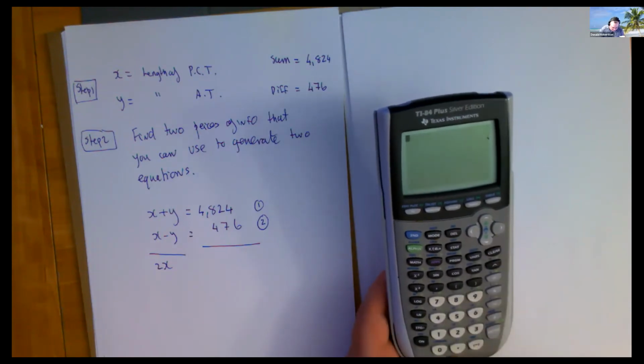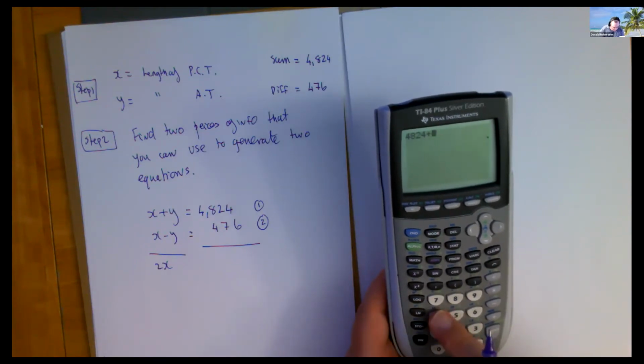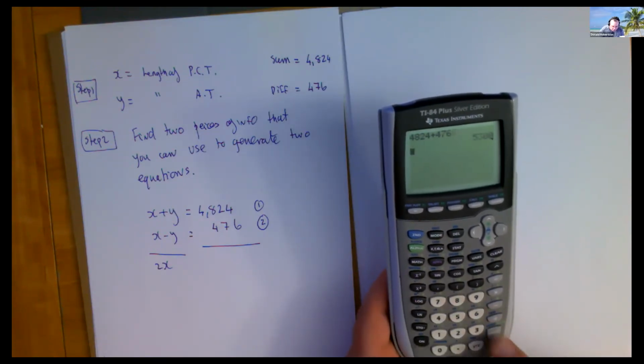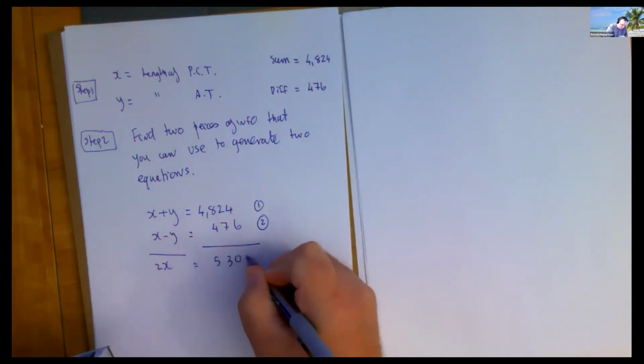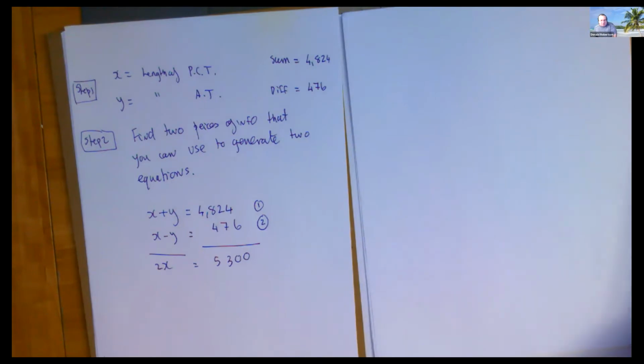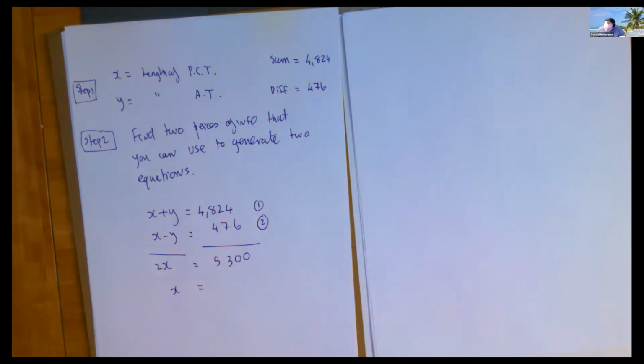So clear, 4824. Then you add the other one, which is 476, and you get 5300. And if you notice, although the numbers are big, they're manageable, aren't they? They're not horrendous. And then to find the x, then, won't you just divide both sides by 2, which is what I'm about to do right now.